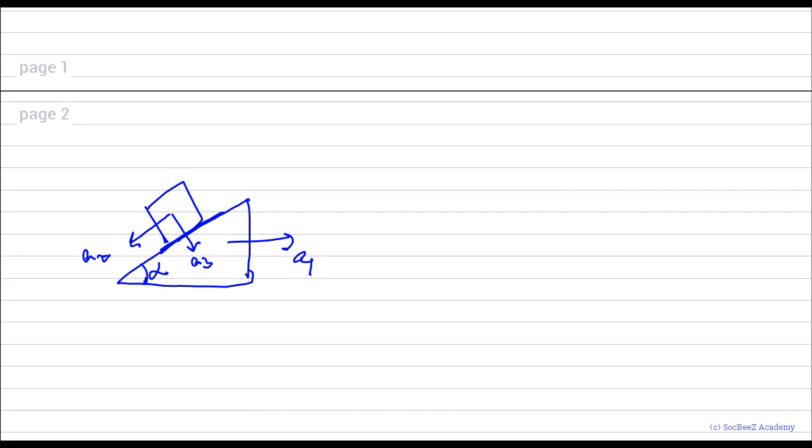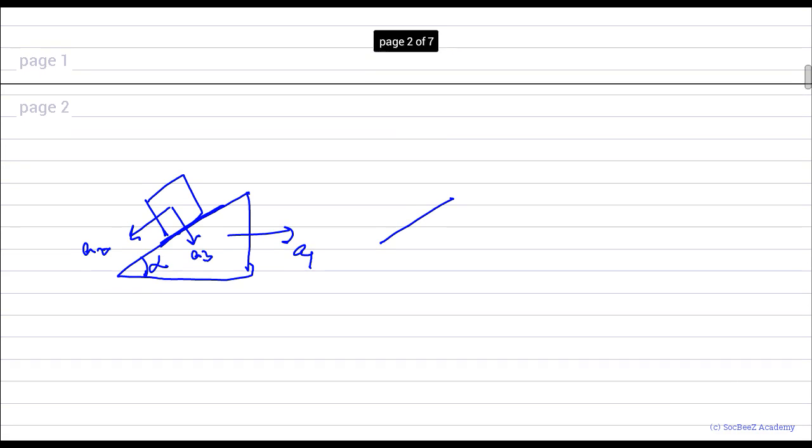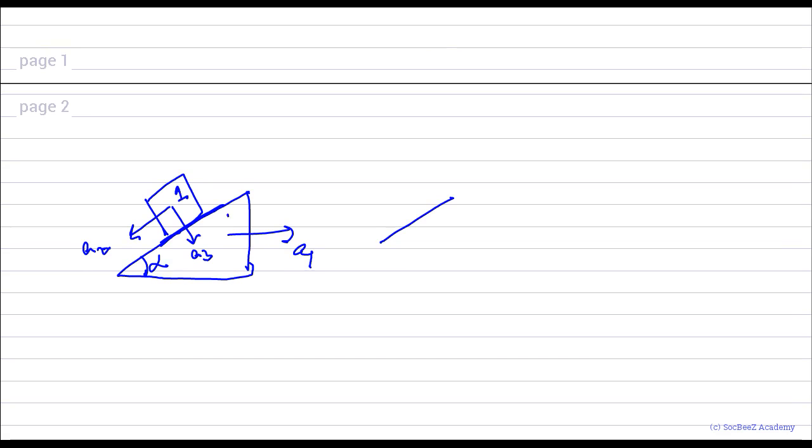Along the direction perpendicular to the contact surface, let's say this is my first body and this wedge is my second body. The first body has got an acceleration of a3, and along the same direction my wedge has got an acceleration of a1 into cos of the angle, and this angle is nothing else but 90 degree minus alpha.